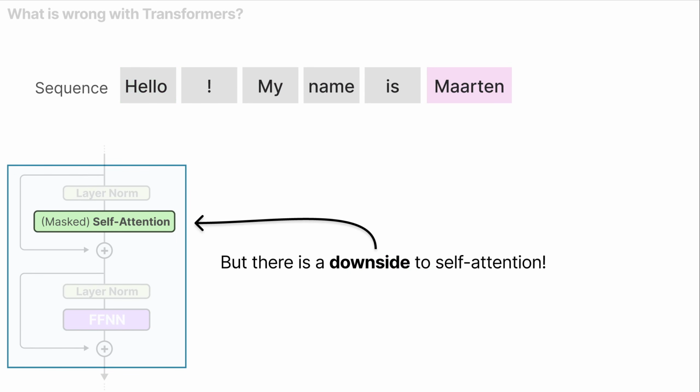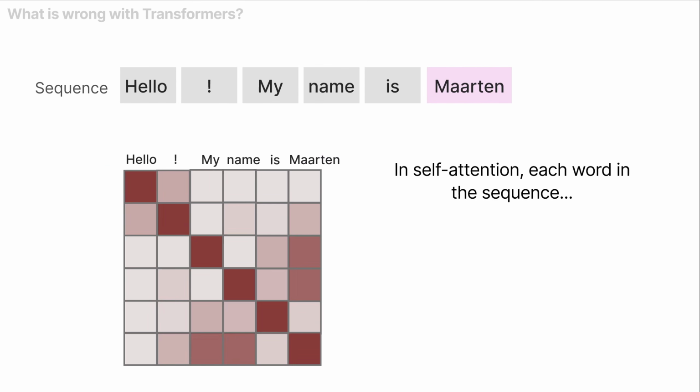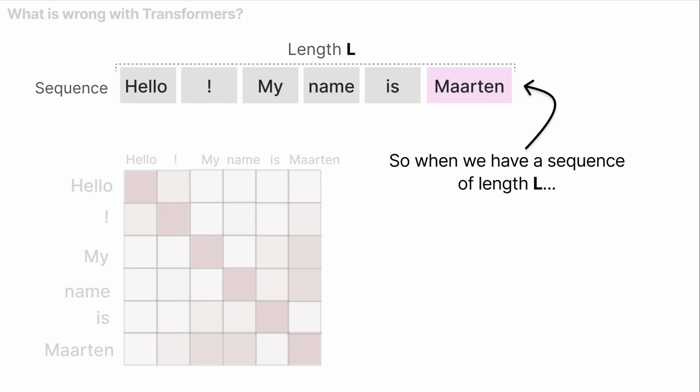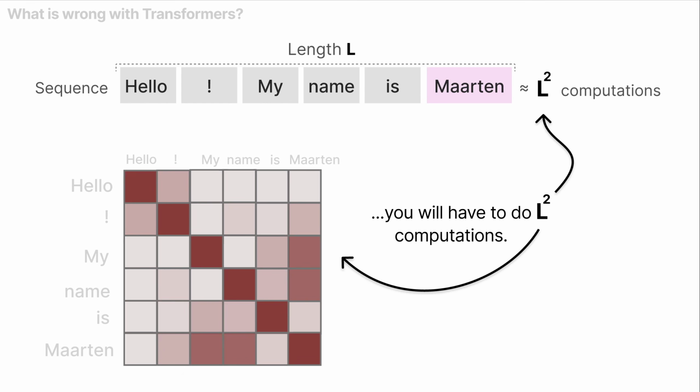But there's a downside to self-attention. In self-attention, each word in the sequence is compared to itself. So when we have a sequence of length L, you will have to do L squared computations.